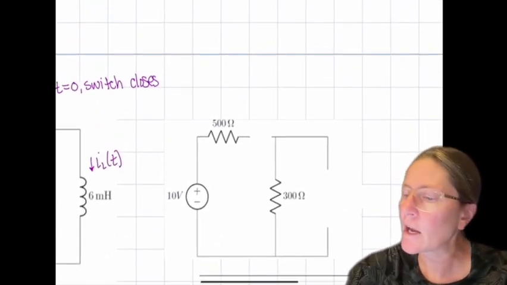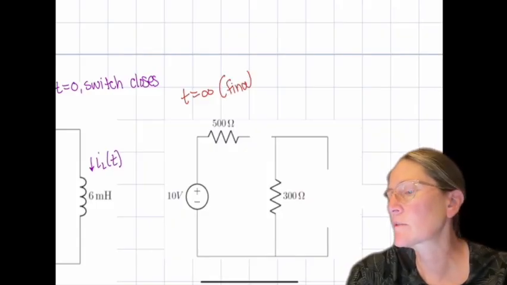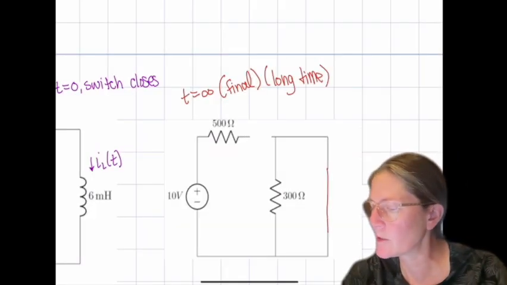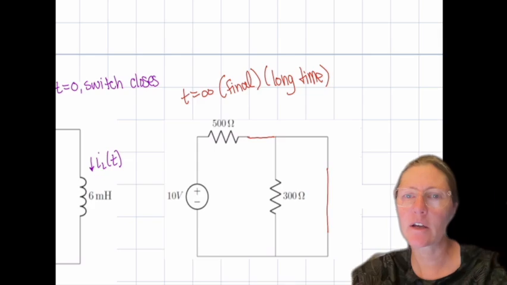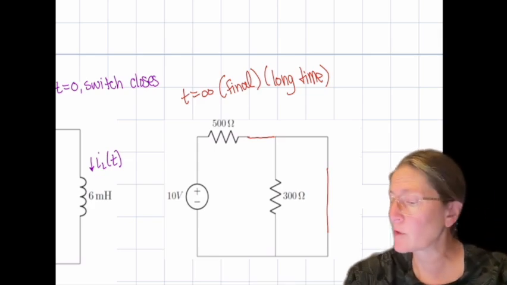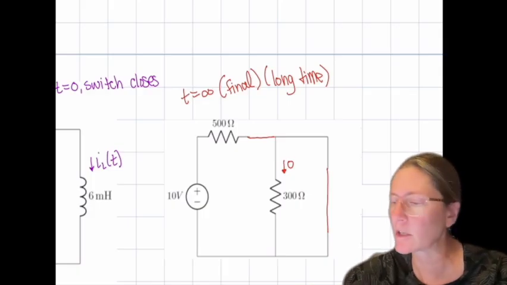All right, now at a long time, infinity, so the final state, again, it will have sat there a long time, so the inductor becomes a wire. This time the switch is closed, so that wire is going to be in parallel with 300 ohms, which means there's no voltage across this resistor and therefore no current flow here.